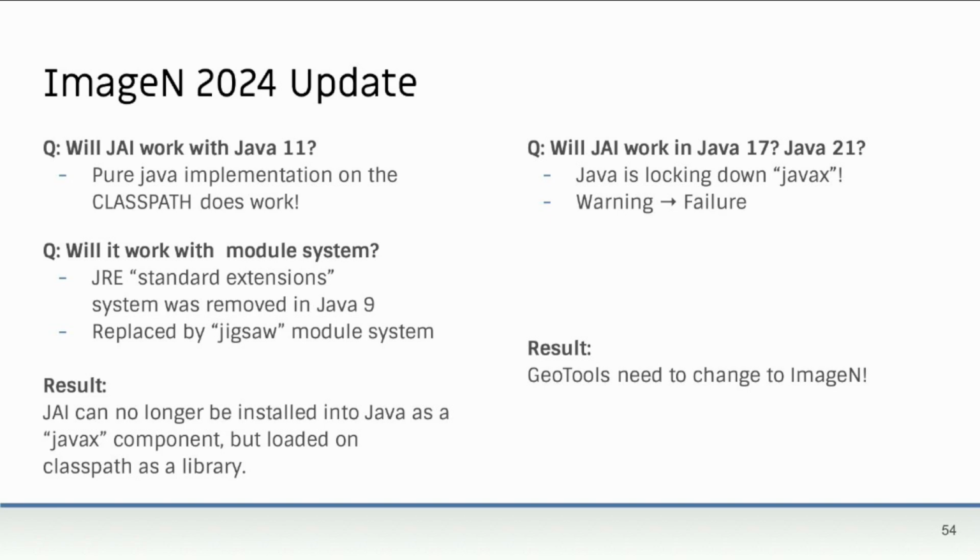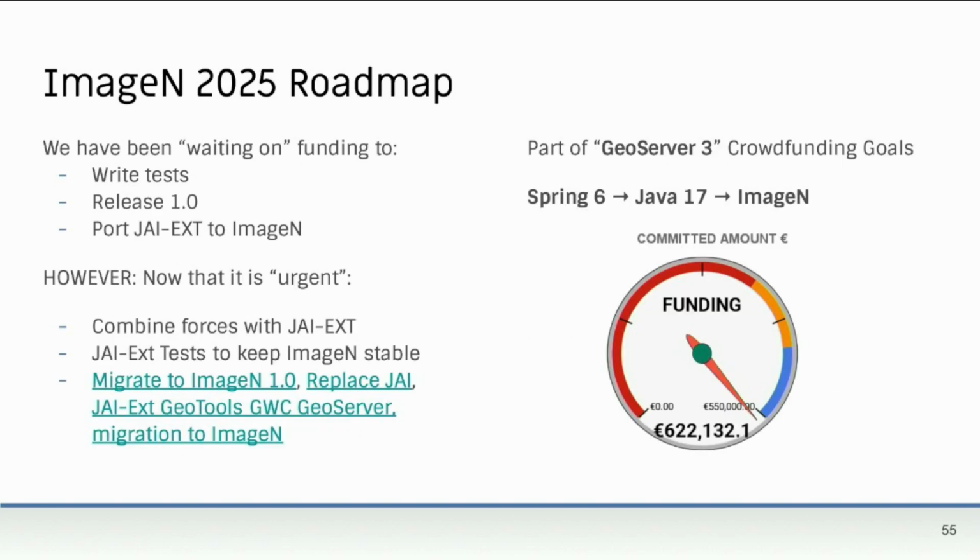The problem is when we go to Java 17, which we have to do for the latest Spring updates and Java Enterprise Edition, Java is starting to lock down use of the internal javax namespace. So we can no longer run it because it still uses this javax namespace. As a result, GeoTools and GeoServer and everybody, we have to go to ImageN now. So that's terrifying. ImageN better work.